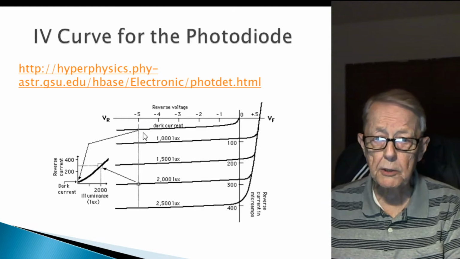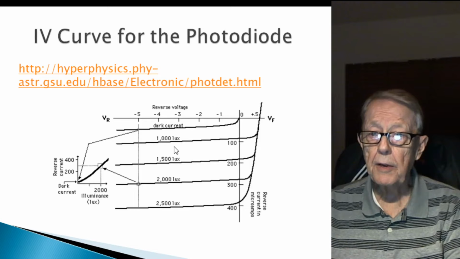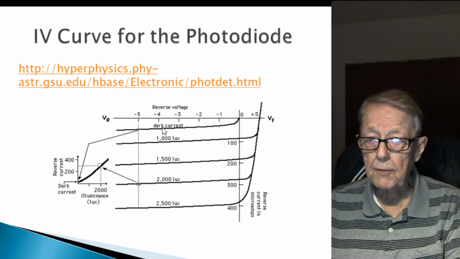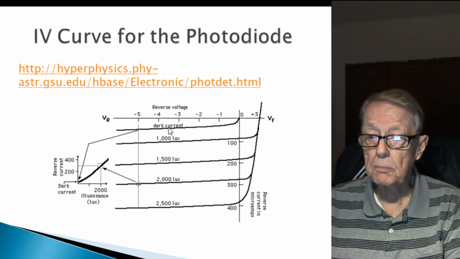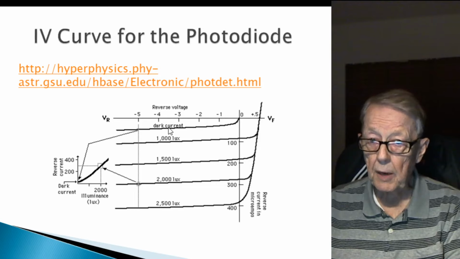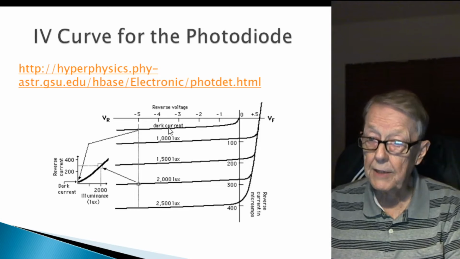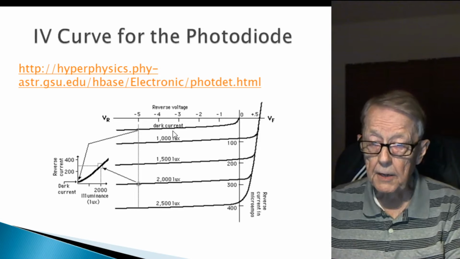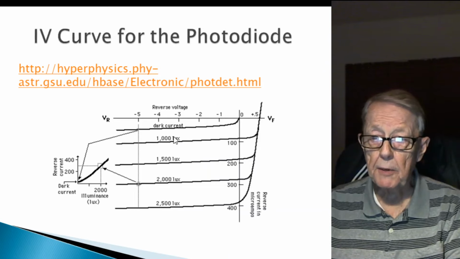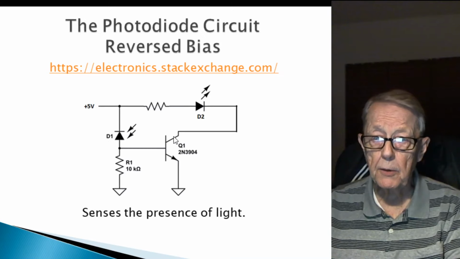So this is presumably from the same diode, and as you give it more light intensity, you generate more current. The first line, however, is called dark current, and might as well have been called 0 lux. It's the amount of current flowing when there is no light. We'll go into that part of the explanation in this video.